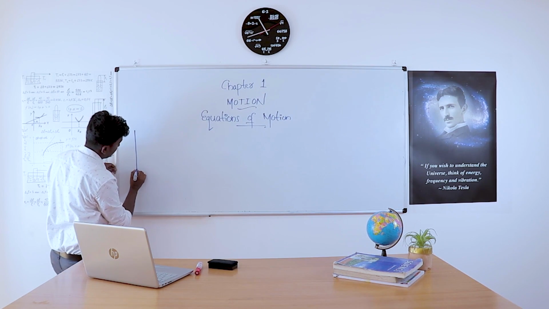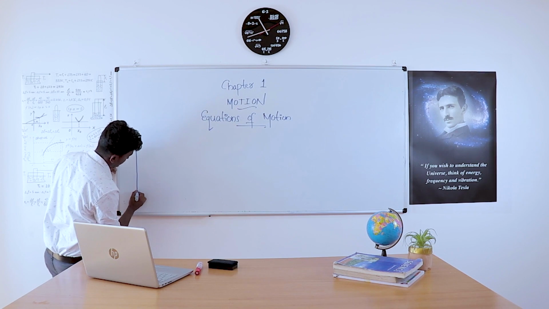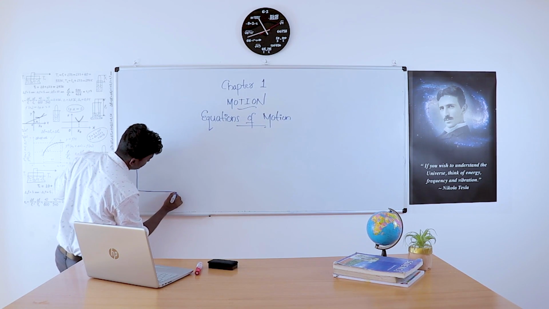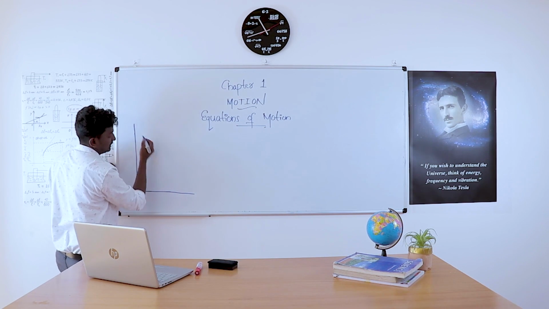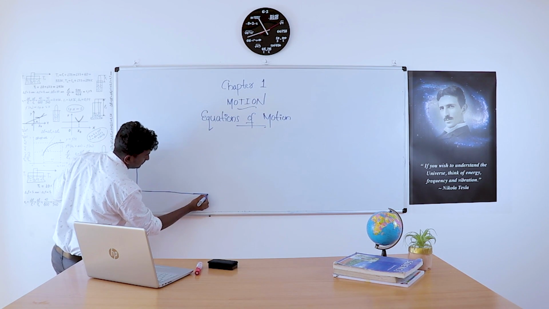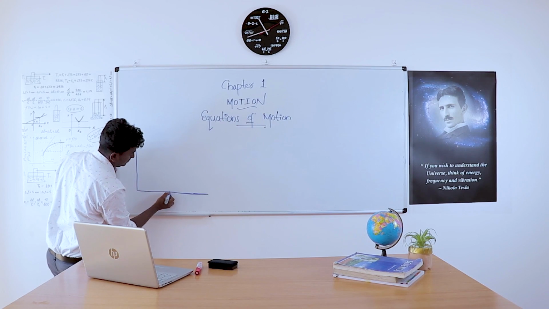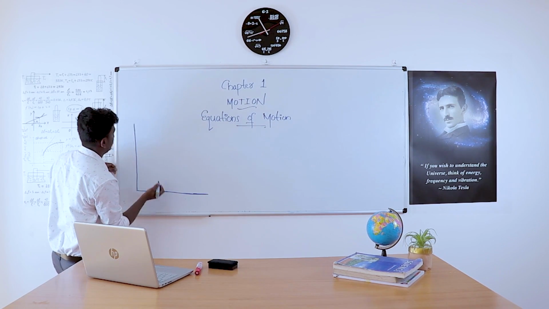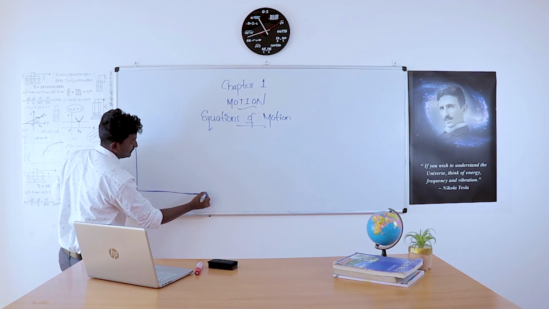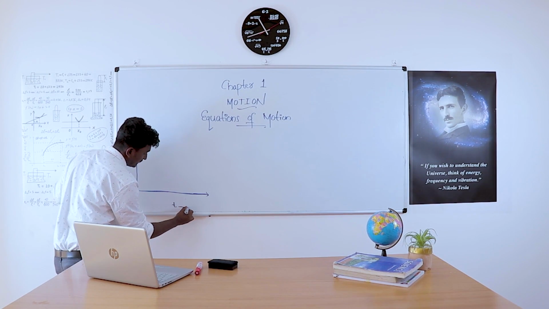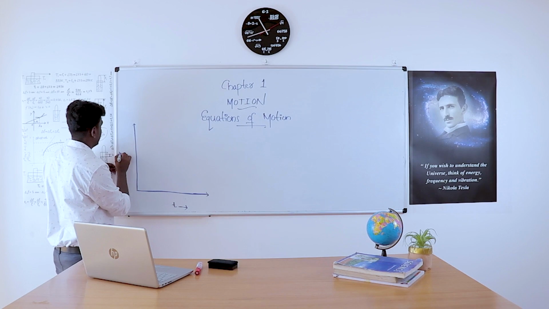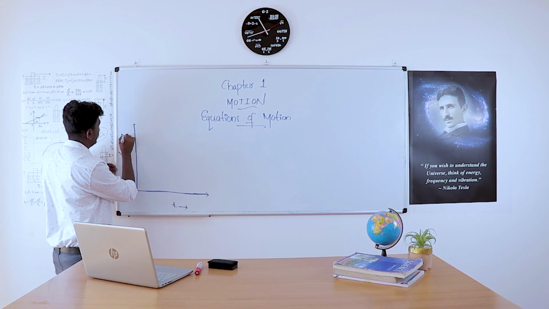Just consider a velocity time graph. I am drawing it a bit larger because we have to mark some terms in the graph. This is our graph, with time along the x-axis and velocity along the y-axis.